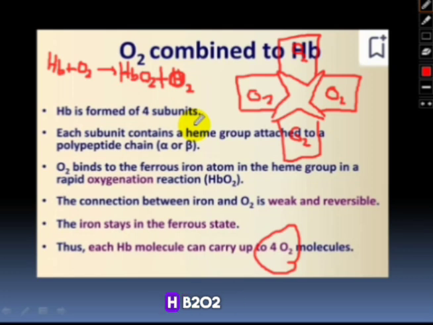Hb2O2. Hb bracket O2, close the bracket, then what will be outside the bracket? Another 2.